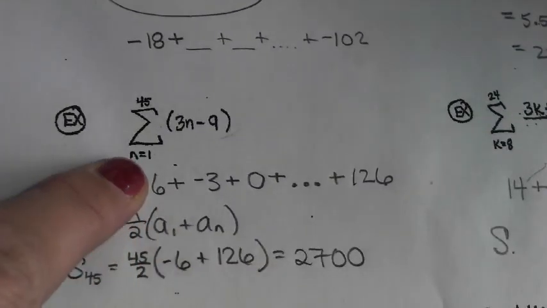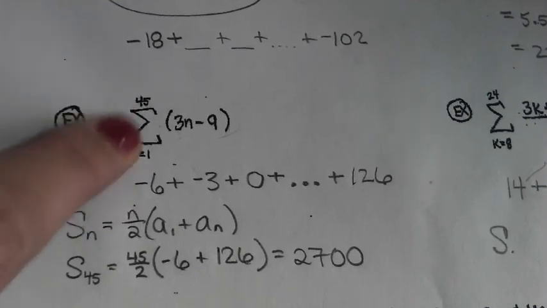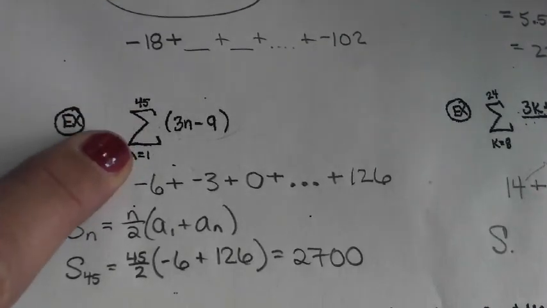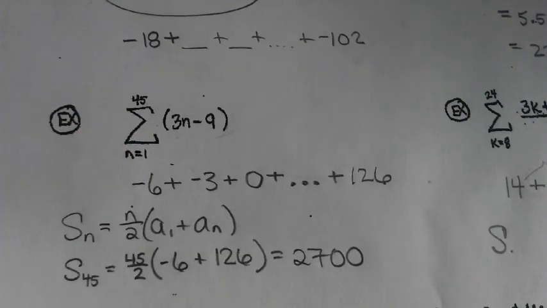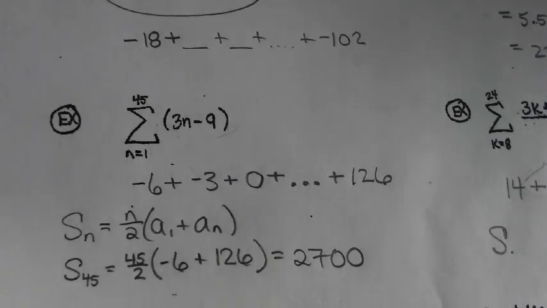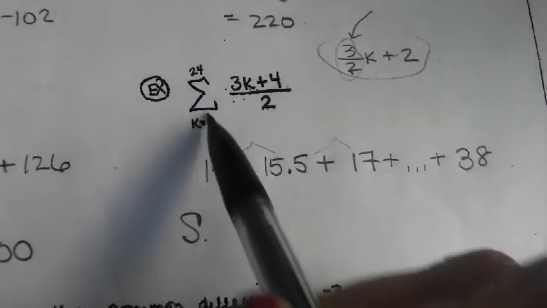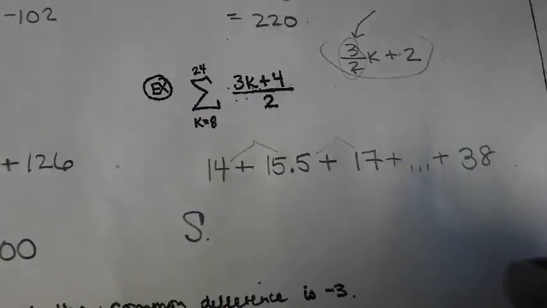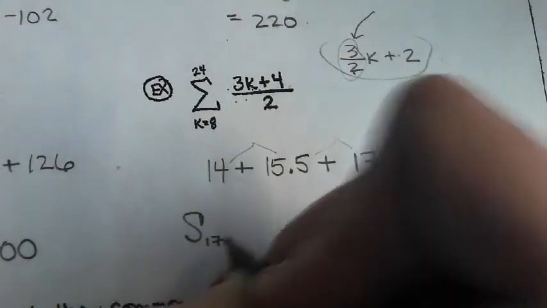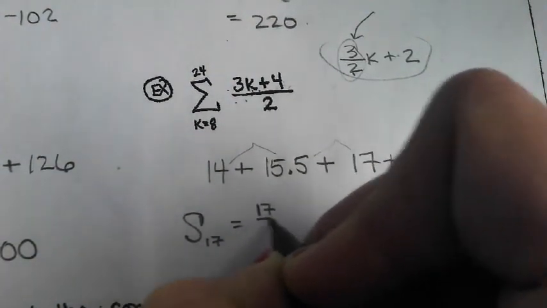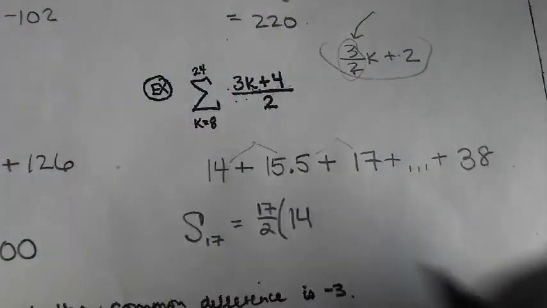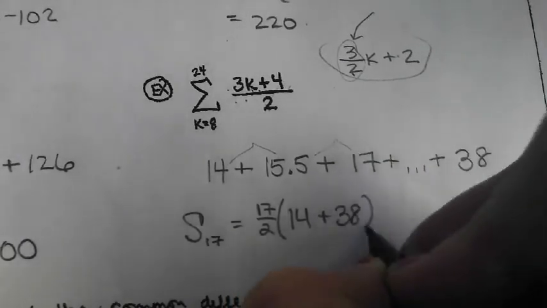But it's always one more than that, and it's easier to see here. 45 minus 1 would have told you 44 terms. But we all know that if you plug in 1 and 2 and 3, all the way up to the 45th term, you're plugging in 45. 1 through 45 is 45 numbers. So it's the difference of 16 plus one more because of that weird counting principle. So it's 17 over 2. A sub 1 is 14. A sub n is 38.